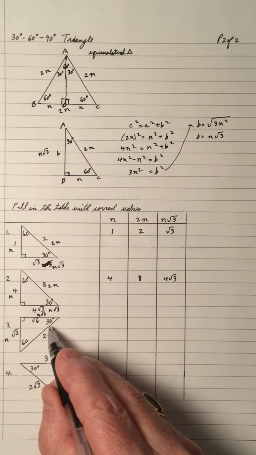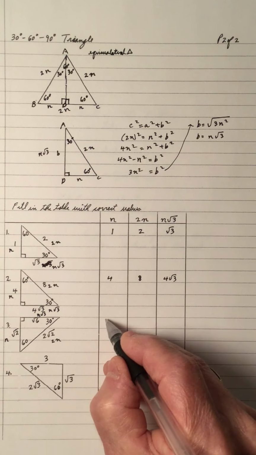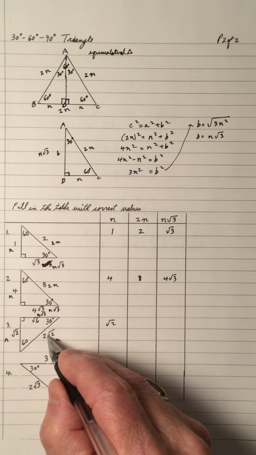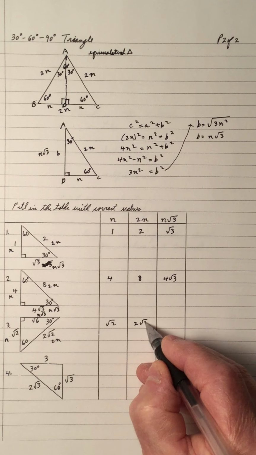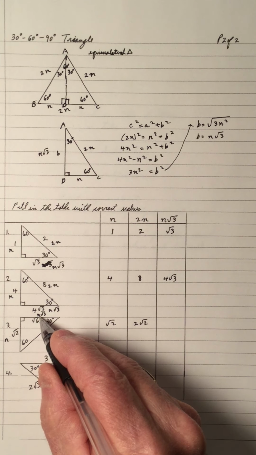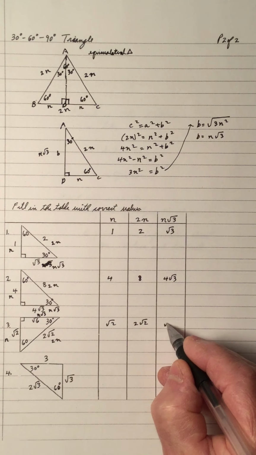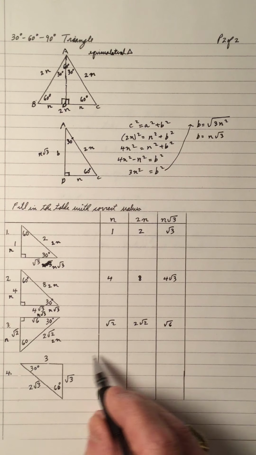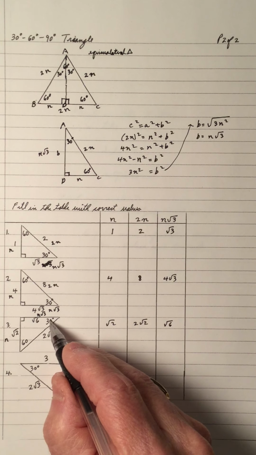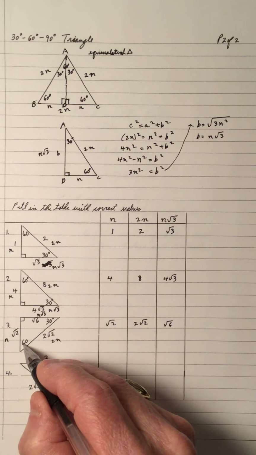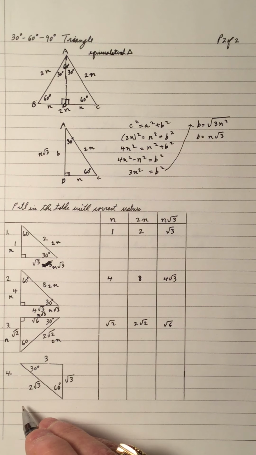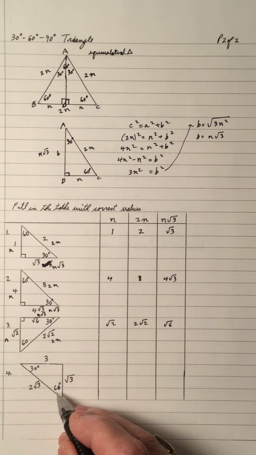So in this triangle, n is root 2, 2n is 2 root 2, and opposite 60, n root 3 is root 6. I repeat, opposite 30 is n, opposite 60 is n root 3, opposite 90 is 2n. Let's look at number 4.